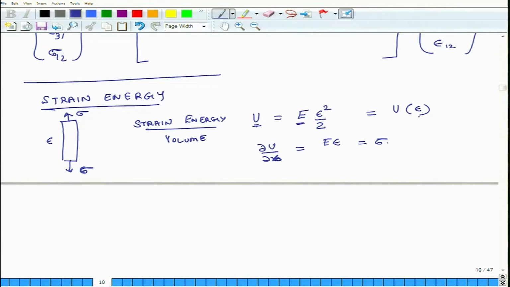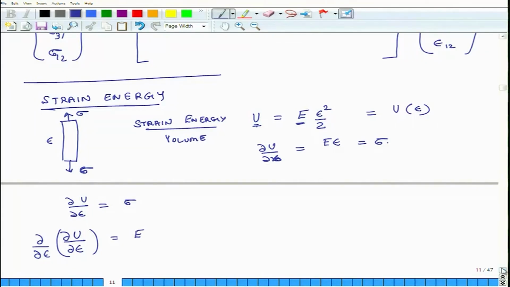So, if you differentiate U with respect to the strain, you get sigma. I am just giving you a rough idea of what is happening.